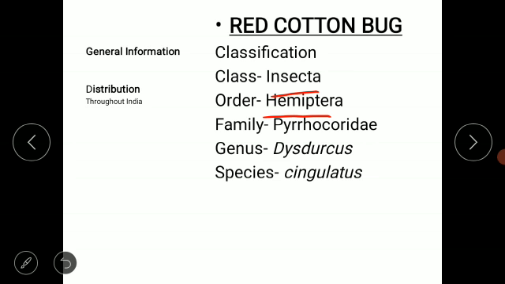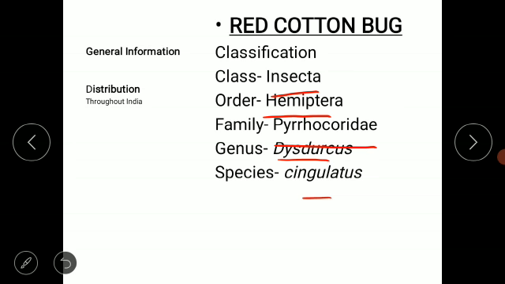The insect with partially transparent and partially tough wings, that is known as the major characteristic feature of Hemiptera. Then the family is Pyrrhocoridae. Then genus and species Dysdercus singulatus. So Dysdercus singulatus is the scientific name of red cotton bug.